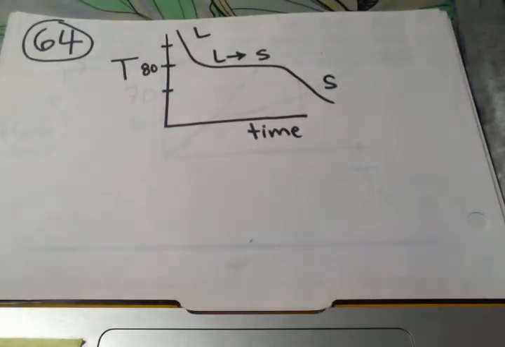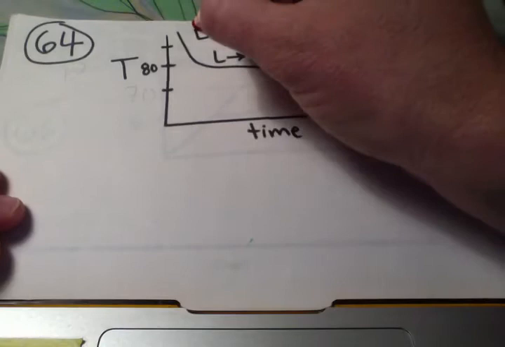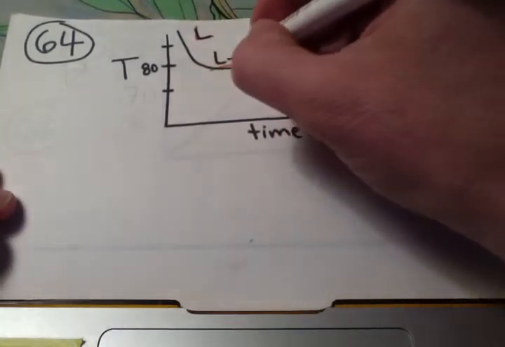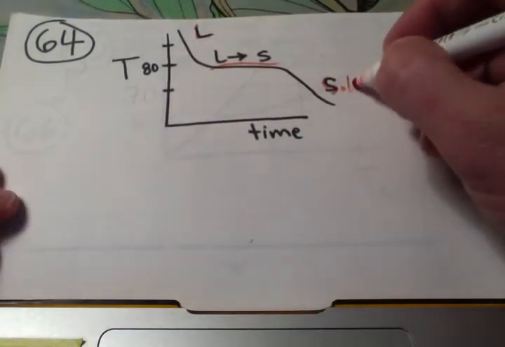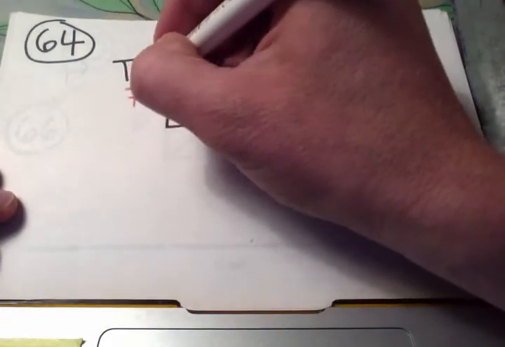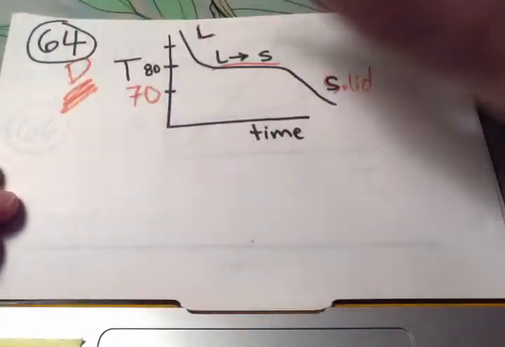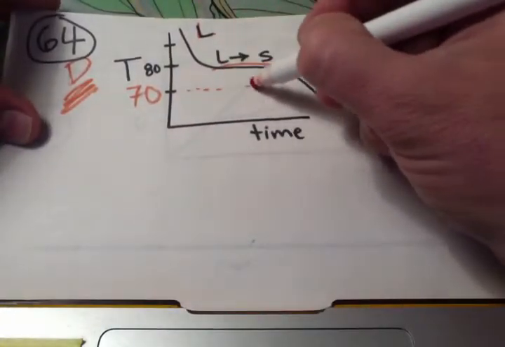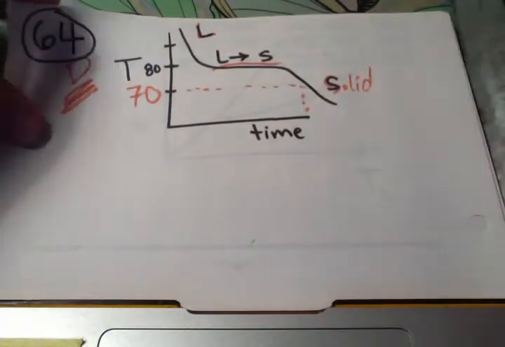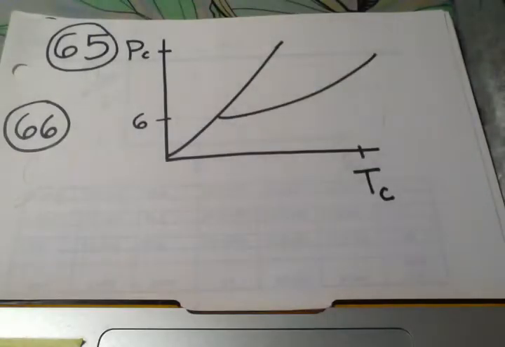All right, there's that flat line again. So what did we do here? If it's liquid up here, it freezes here, it's solid down here. Okay, what's going on here?